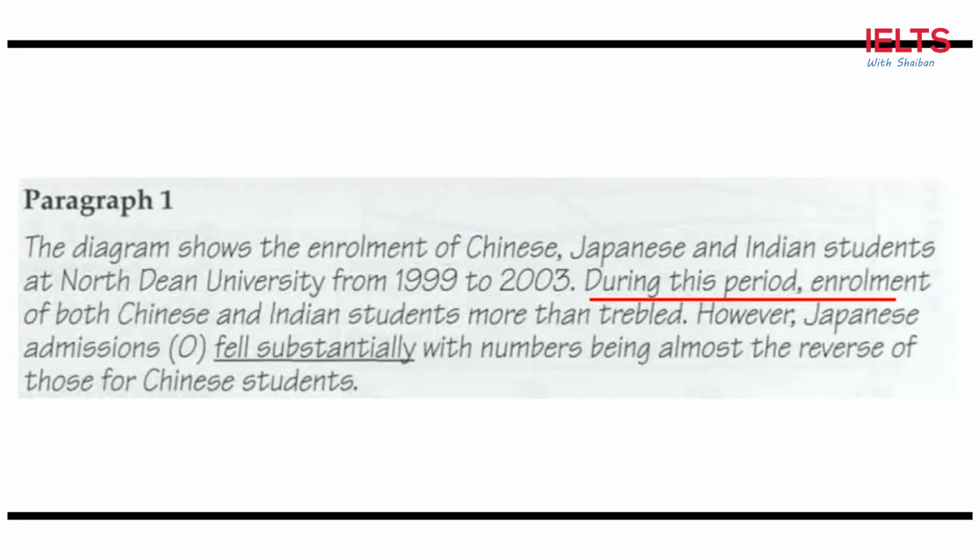He said enrollment of both Chinese and Indian students more than tripled. So that means a big increase, more than 3 times. So this is not just an increase. However, Japanese admissions fell substantially. So that means he's showing the language of change. It's a big change. And using a participle structure here, being almost the reverse of those for Chinese students. This is a very nice way of expressing what happened to Japanese students.